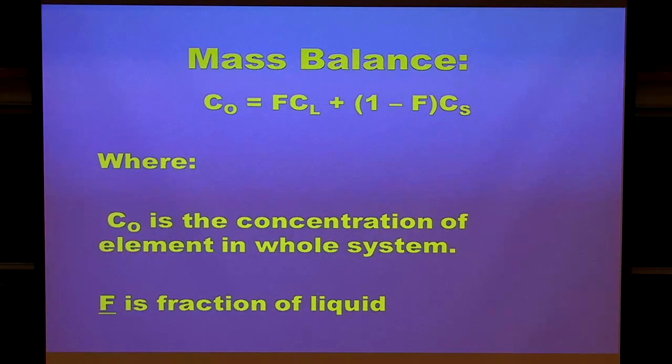What would that be for our planet? It would be the bulk composition of the planet. So it's our chondritic composition. And in this case, in the equation, F will represent the mass proportion of the silicate Earth, which is what?